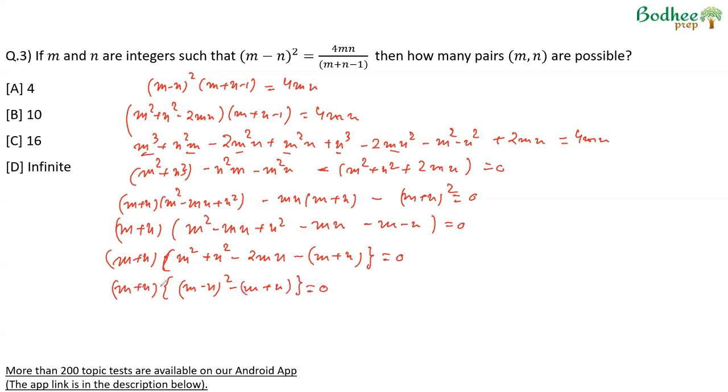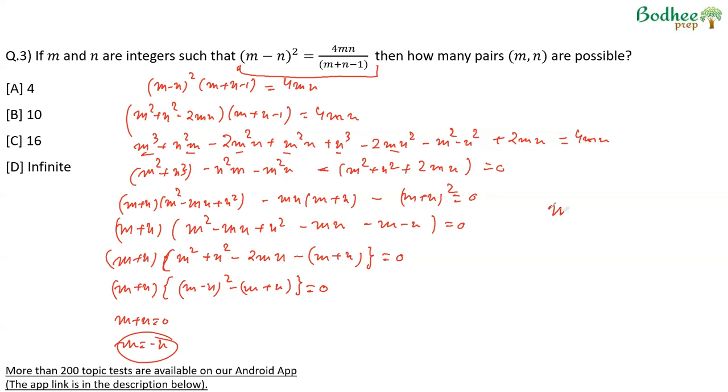Now for the product to be 0, one of the solutions always will be that m plus n is 0 or m is equal to minus n. So since m and n are integers, if we put the value of m such that m and n are negative of each other, this equation will always be true.